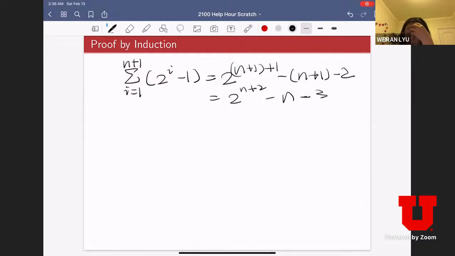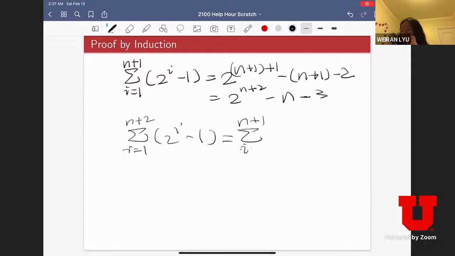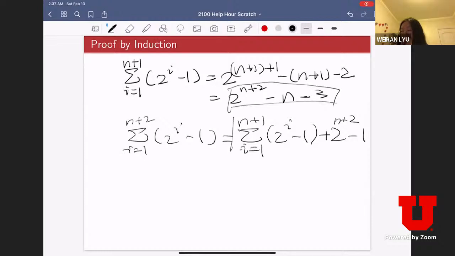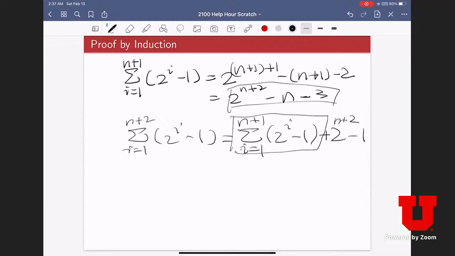All right, and this will be your hypothesis. And for the inductive steps, it's just like all the similar steps where you leave out the last term and then just have all the previous terms. And the last term will just be 2 to the n plus 2 minus 1. And then you're just going to substitute this part with this. Okay, that makes sense.